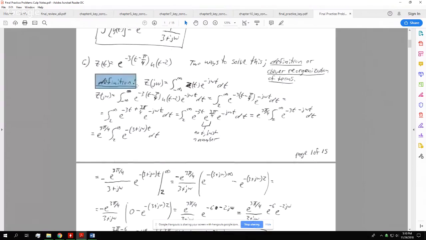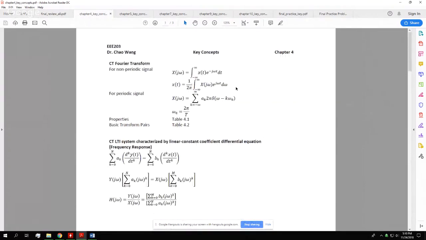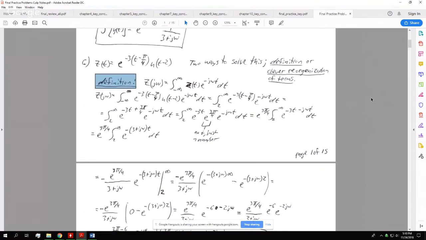I rewrote the definition here, and the definition just comes straight from our key concepts from the textbook. This is our definition of what a Fourier transform is. We're taking the infinite integral, or I think they call that the indefinite integral, of some signal times this complex exponential. So I did that. You just got to plug and chug away, essentially. I rewrote my signal inside the integral, and then I added the definition term right there.